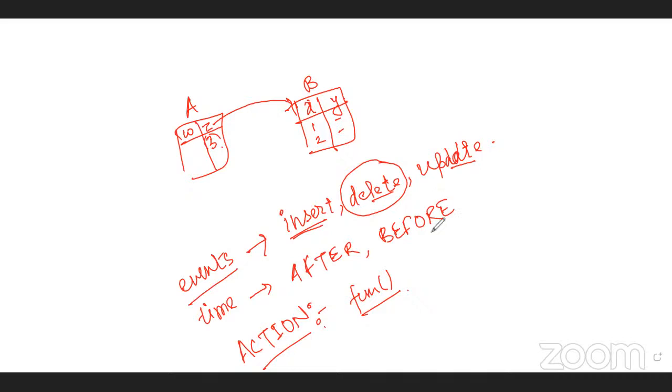There is one post in the Discourse. At first, you have to define the function, and if some event occurs, then you have to call that function, right? I will define the function for the trigger. Like in the last DBMS session, I think I took one example of trigger and function.